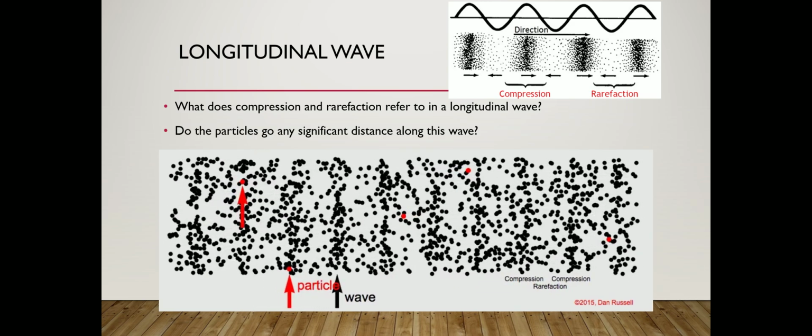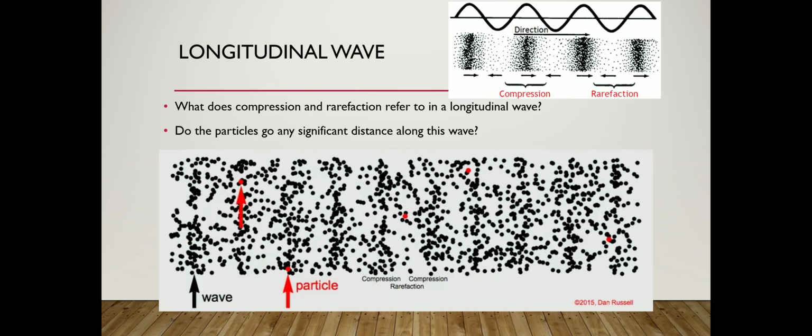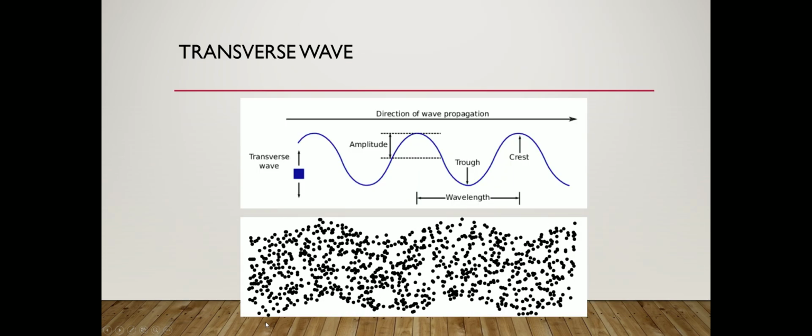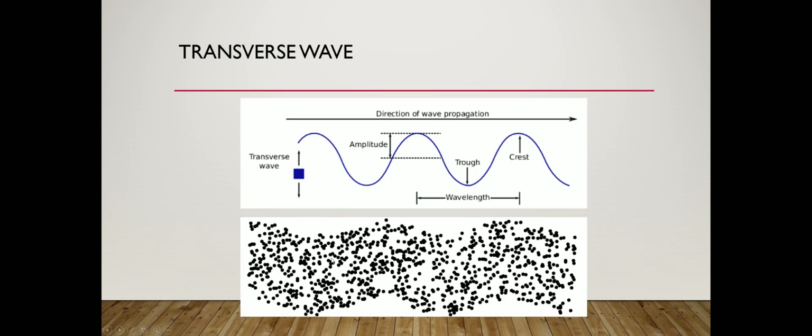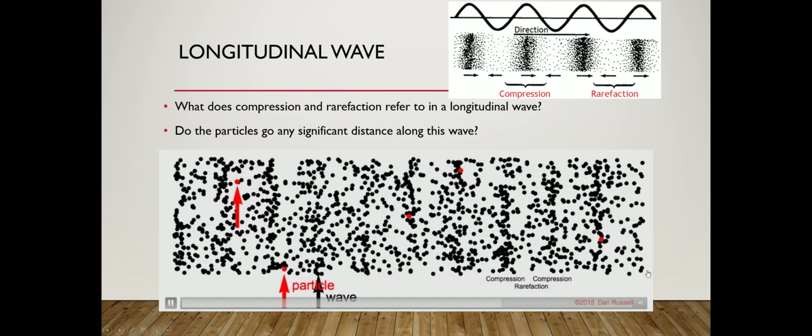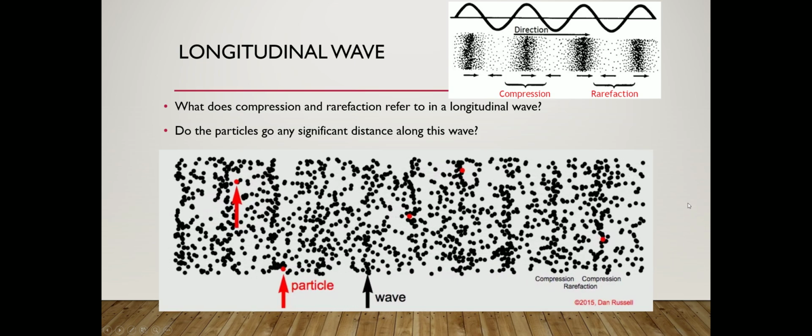The medium moves, but nothing moves along that medium. The particles move back and forth. The particles themselves might move up and down or left and right, but they don't actually travel with the wave. That's the biggest thing you must know.